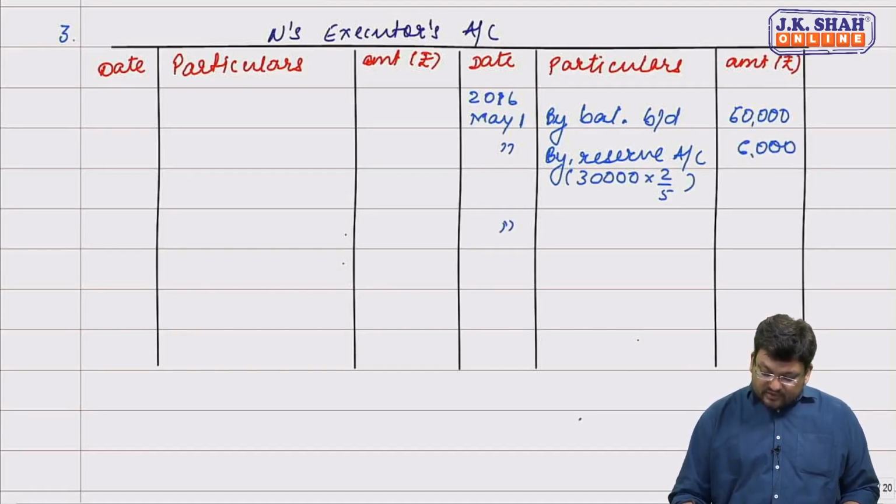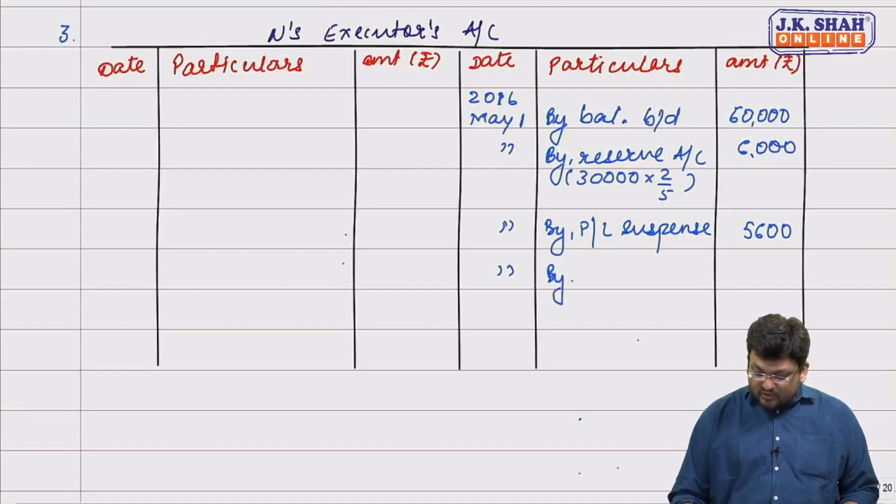Then we are supposed to give him his share in profit. The entry we need to pass is, since it's estimated profit, P&L suspense to N's capital. N's share came to 5,600. We are also supposed to give him his share in goodwill. B would be giving him his share of goodwill.